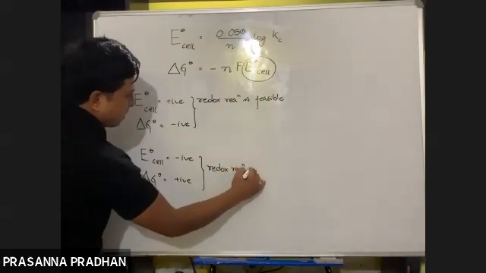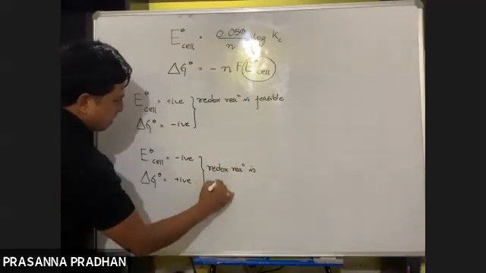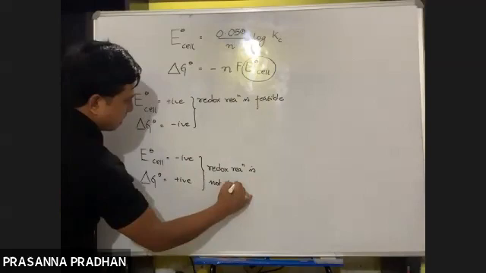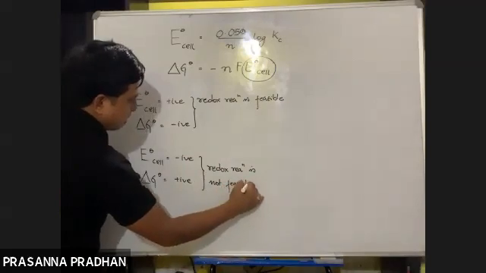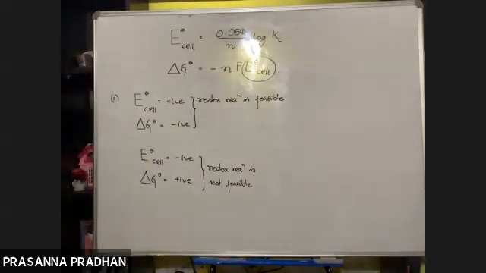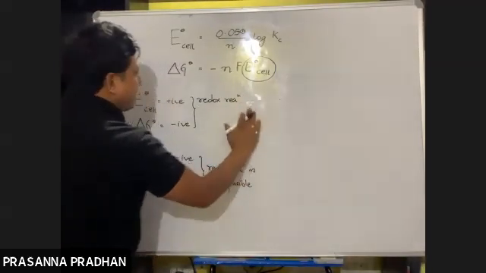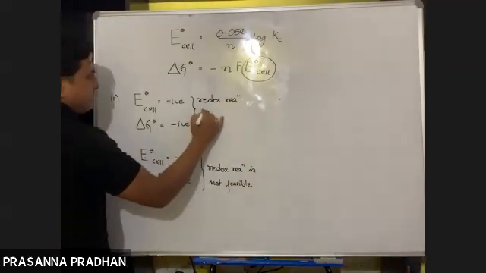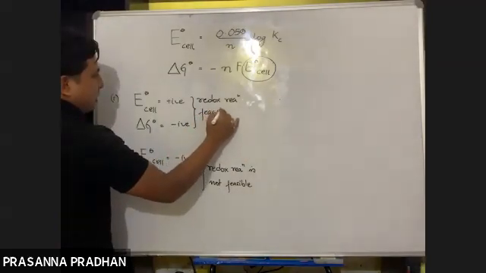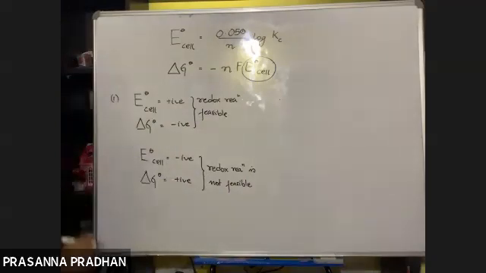The redox reaction is not feasible. So in terms of Gibbs free energy, E naught cell positive or delta G negative, redox reaction feasible. E naught cell negative, delta G naught positive, redox reaction not feasible.